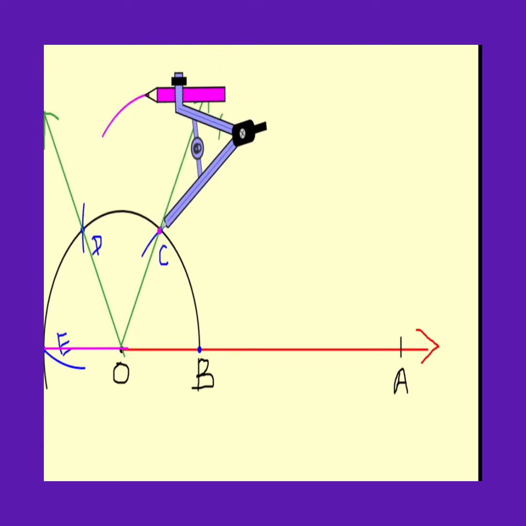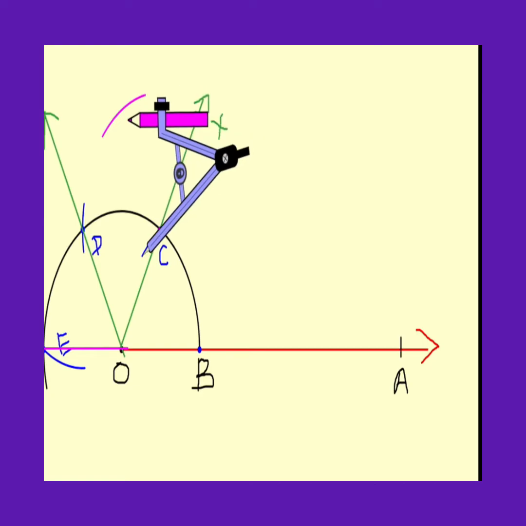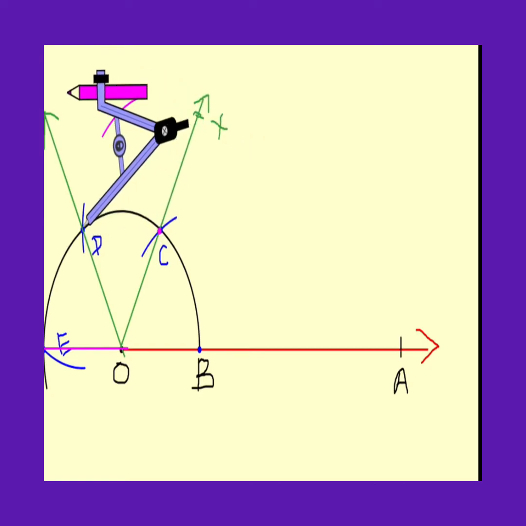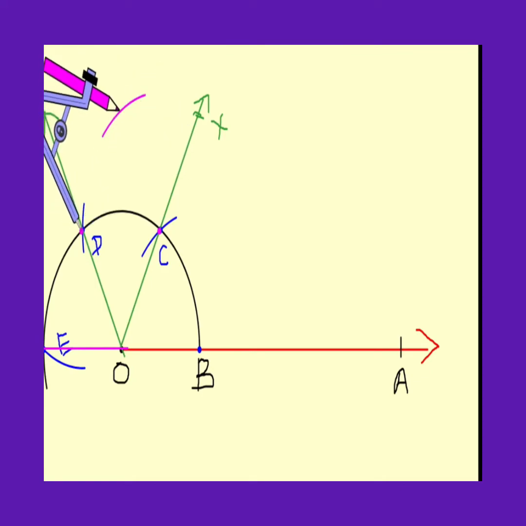Again you place the pointer of the compass at D and draw another arc. You can see that these two arcs intersect each other at a point.